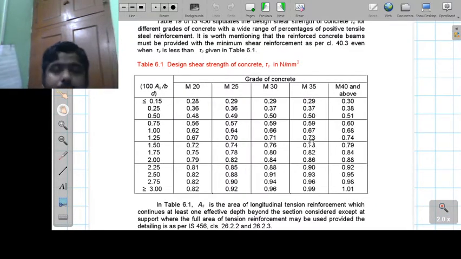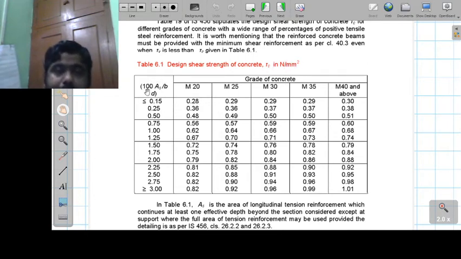Sorry, it's not clause number 26.2, it's clause number 40.3 and 40.4. There a table is given, table number 19. That table number 19 is copied here: the design shear strength of concrete, denoted by tau c, given in MPa, Newton per millimeter square.